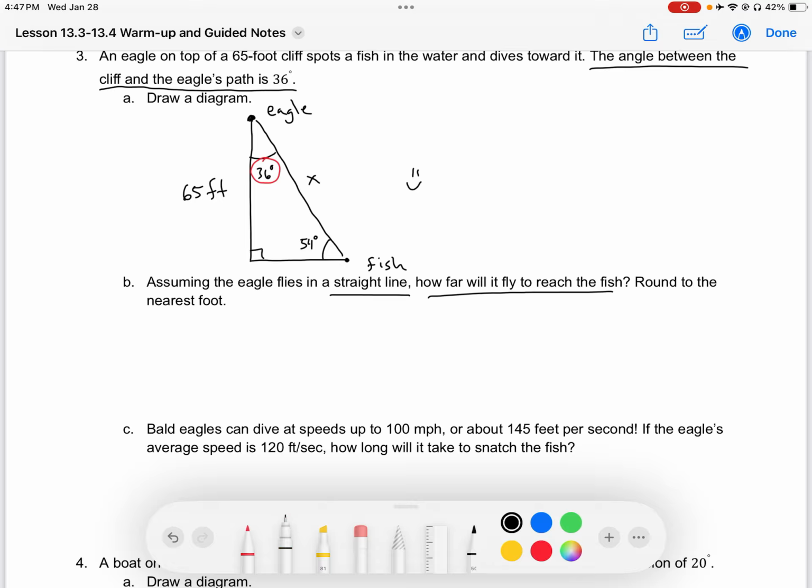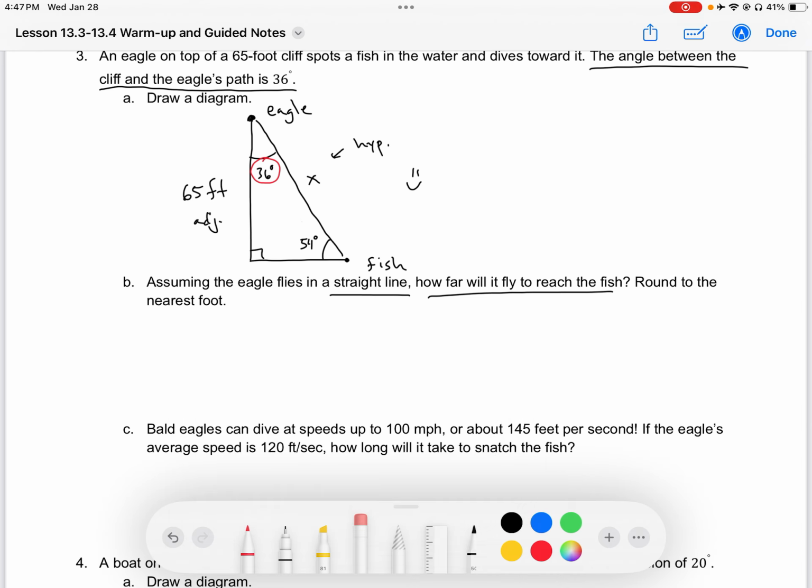So x is, of course, the hypotenuse of the triangle because it's across from the right angle. And 65 in relation to 36 degrees is the adjacent side. It's adjacent to 36. If I used 54, then it would be opposite.